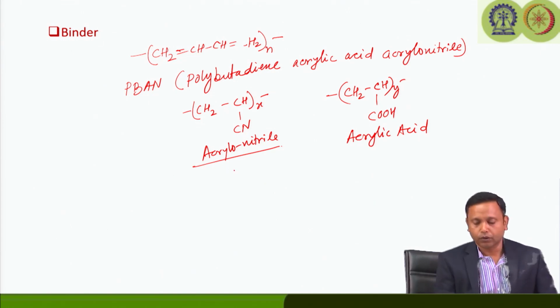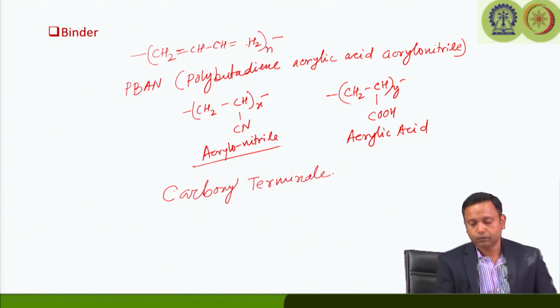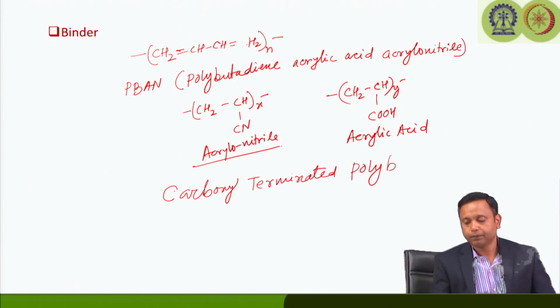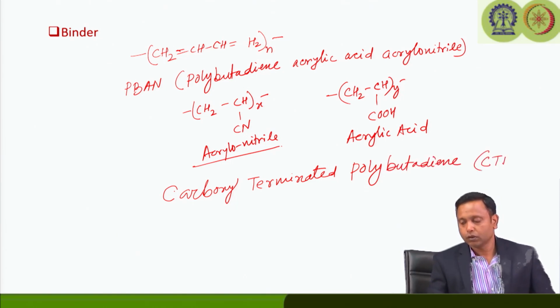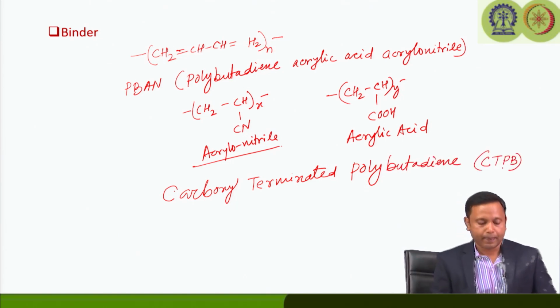PBAN is kind of linear and cross chains, and it gives lower tensile strength with smaller elongation. There are modifications of these carboxyl groups in PBAN, making them towards the end, which gives better mechanical properties. So, the modified version of the polybutadiene is carboxy terminated polybutadiene, which is CTPB.